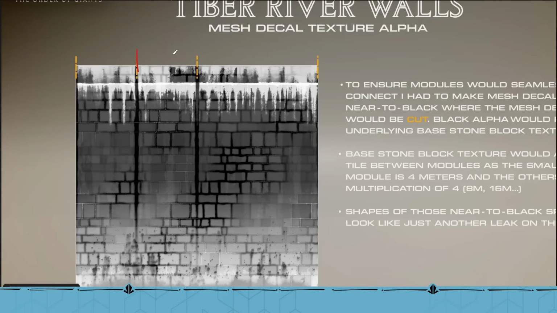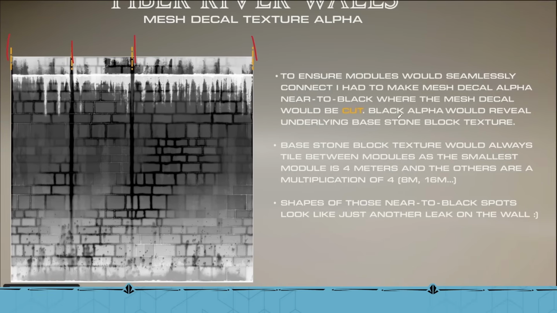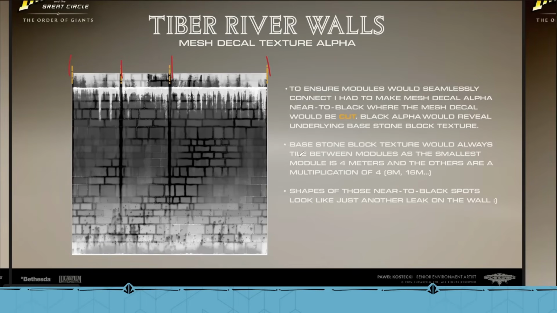So you see, this is really the secret of making it work perfectly, right? Black alpha would reveal the underlying base stone block texture. The base stone block texture would always tile between modules, as the smallest module is 4 meters and the others are multiplications of 4, 8 or 16. Well, so we have our answer for the dimensions.